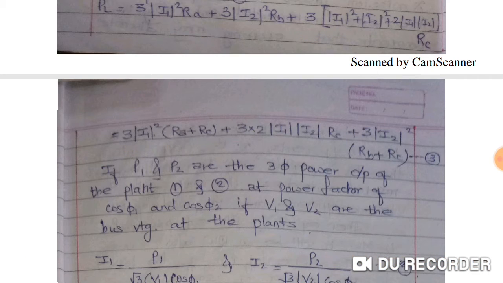Similarly from the second term we have 3I2² Rb, and again 3, I2² and Rc. So I will take 3I2² common, and what is remaining in the bracket? Rb + Rc. This is the second term, and the final term that will be remaining is 3 multiplied by 2 I1 I2 into Rc. So that is written over here, right? This is how from the first equation we derived this equation.